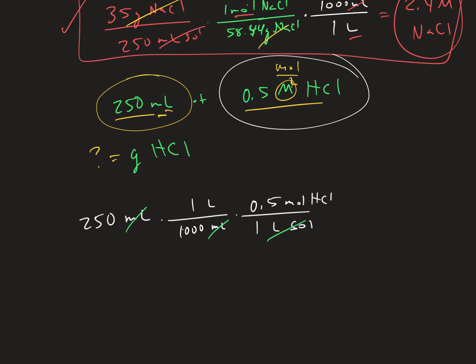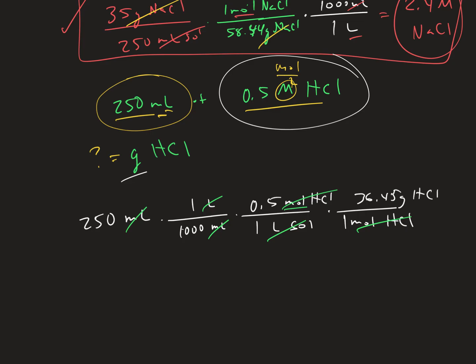So liters goes away, we're left with moles. Are we there yet? No, we've got to keep going because we've got to go to grams. So 1 mole of HCl goes on the bottom so that it can cancel. And the molar mass of this is 36.45 grams. And there we go.